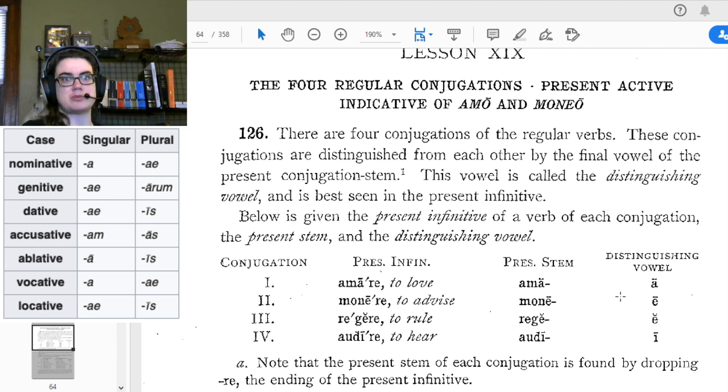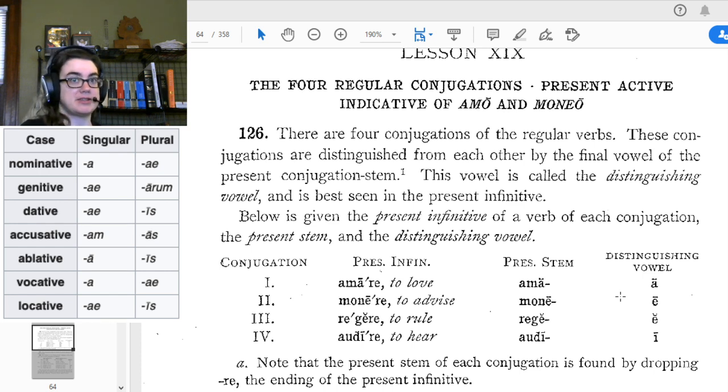But most of the verbs go into one of these four, and all you have to do is look at the present infinitive to tell which family it's in. The difficult one to remember, just looking at it like this, is the long E in the second conjugation versus the short E in the third conjugation. So second is long E, third is short E.